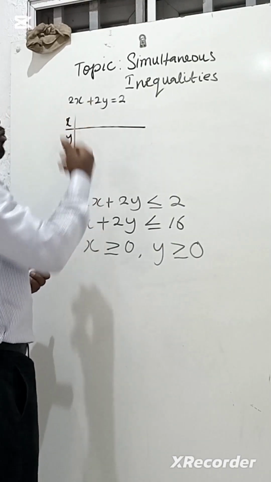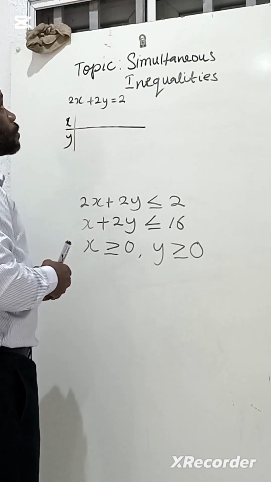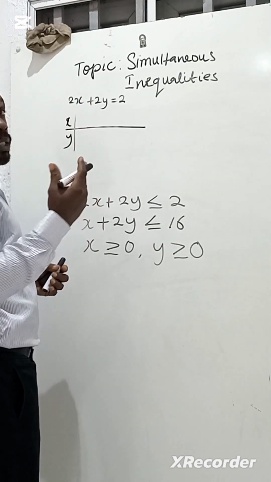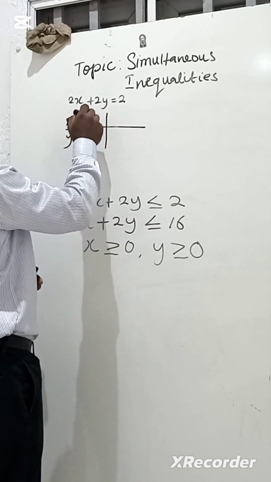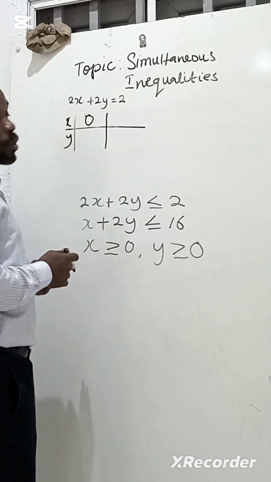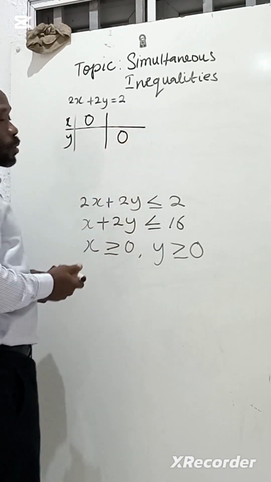Since it's a straight line graph, I'll just need two values, a value for the x-axis and a value for the y-axis. So I'll take when x is equal to 0 and then when y is equal to 0.